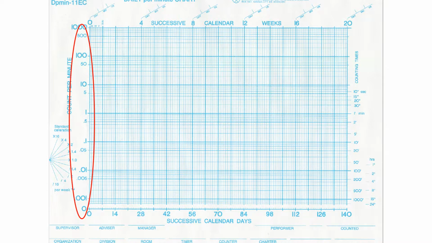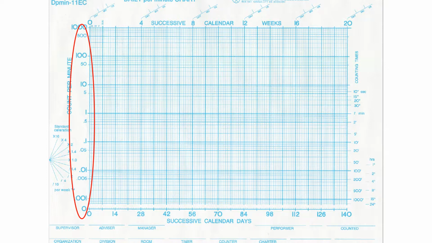As noted previously, the y-axis is a multiply-divide scale, meaning that the number 1 appears equidistant from the number 10, and 10 from 100, and 100 from 1,000, etc. The solid blue horizontal lines are labeled in cycles, 1, 5, and 10, then 10, 50, and 100, etc. The lines between those labeled lines increase by 1s and then by 10s, respectively.